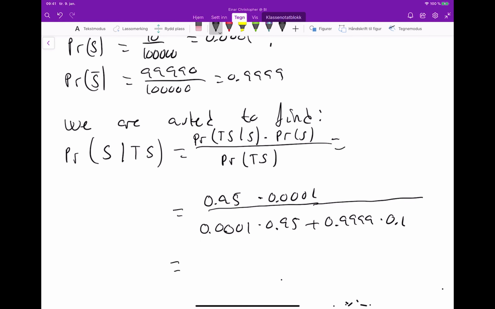And do we calculate this, we get 0.00094, which is almost 0.1 or 0.094%.